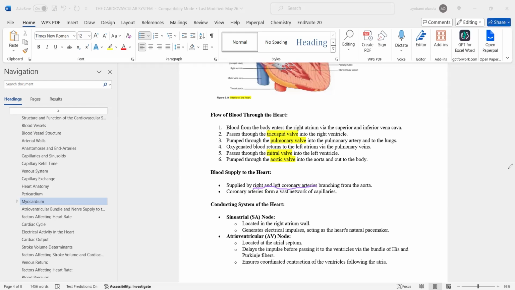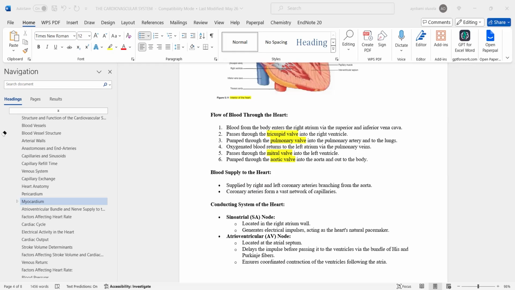When there is coronary artery disease, the heart will not get enough oxygen. Once it's not getting enough oxygen, the heart begins to have problems. So that's what gives rise to issues like myocardial infarction, angina pectoris, and some of those issues. There are issues with the coronary artery of the heart. So if they ask you which artery supplies the heart, what will you say? Coronary arteries. Very good.